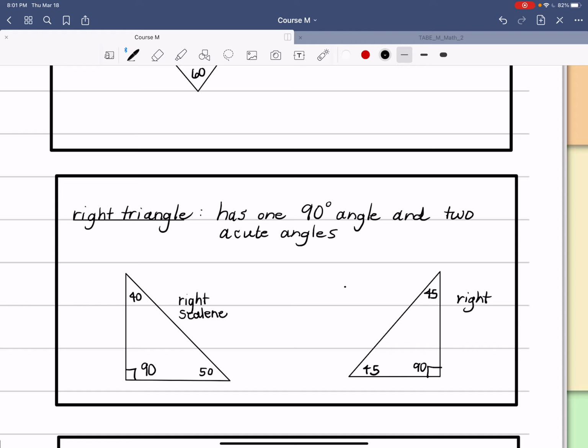That means that this side and this side would be the same and this one would be the odd one. It's right isosceles. These are all different. Okay.